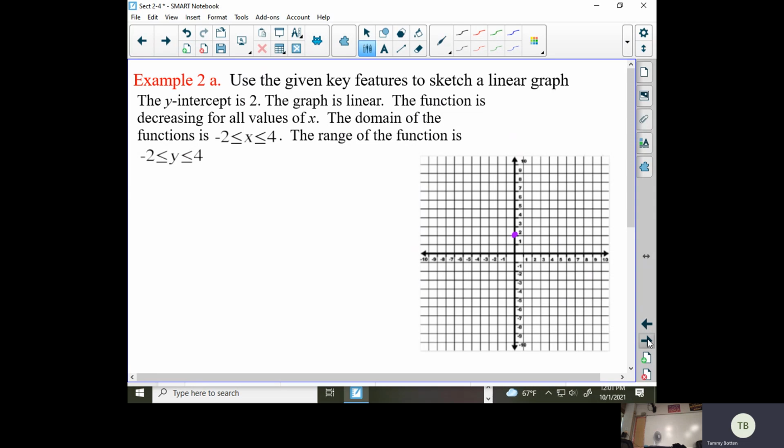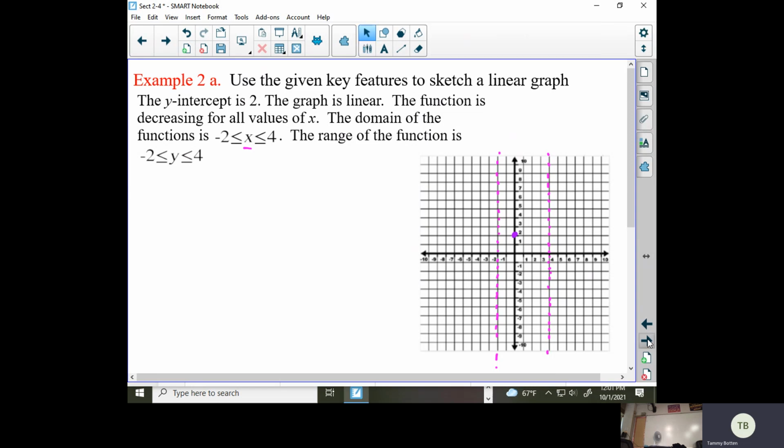So here's what this one is going to look like. From -2 to 4 is where our graph exists. Only from x equals -2 to x equals 4 is where our graph exists, okay?